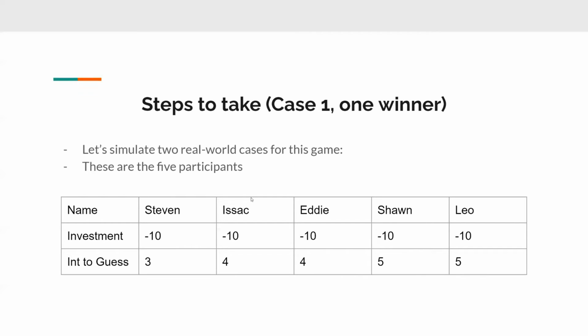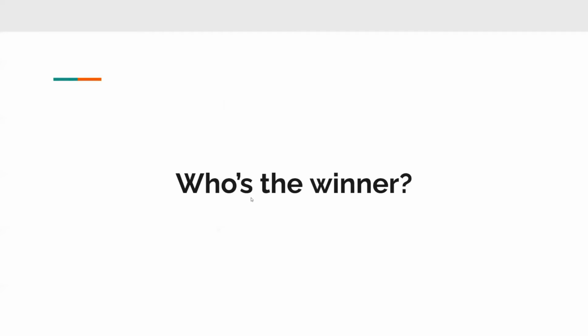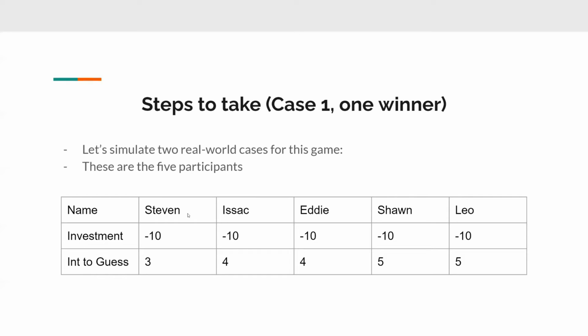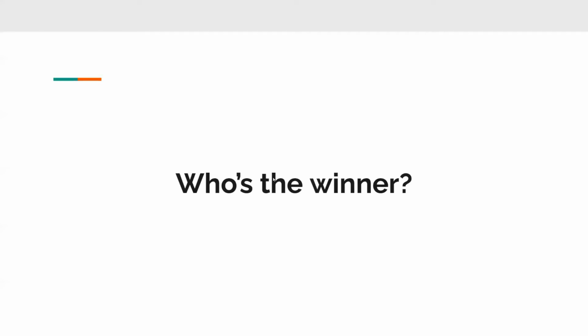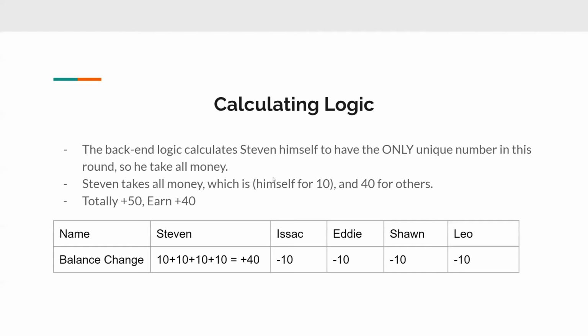In this game, we can see that Steven has a unique guess over the others. This is the most simple case, and Steven just wins this game. So Steven will have all of the investment from others, and others just lose the money. Steven has an overall add-on money of 50, and he actually earned 40. And each of the others just loses 10.